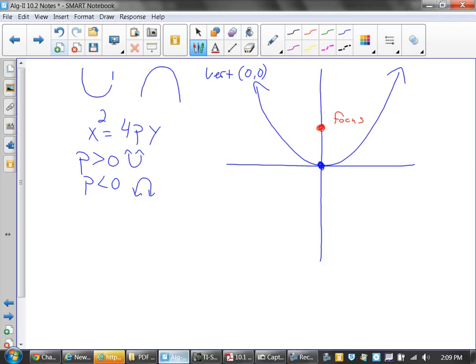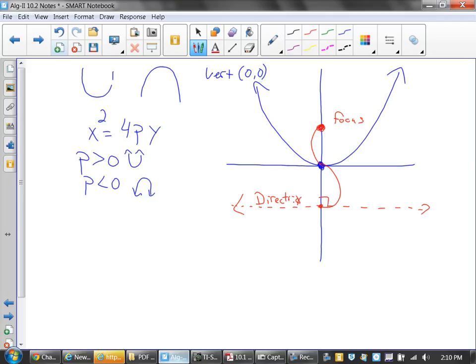So anyway, this focus is always some given value from the vertex. To go along with the focus, there's another value, and that's called the directrix. The directrix is always perpendicular to the axis of symmetry of a parabola.